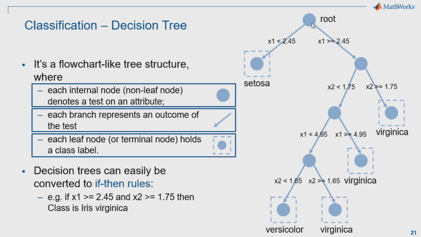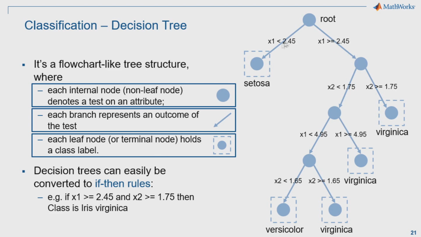Why do you move based on tests on attributes? Because when you reach a leaf, a terminal node, an external node, this node holds a class label. So if you start with an example which has x1 greater than 2.45 and x2 greater than 1.75, this classifier classifies this point going in this direction and then in this direction, based on these two tests.